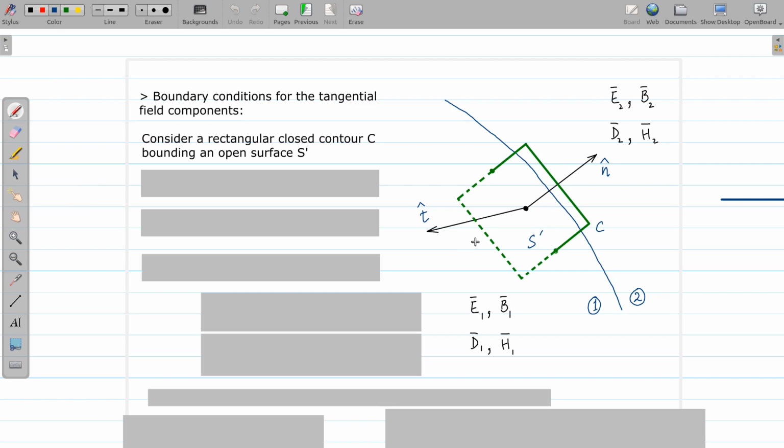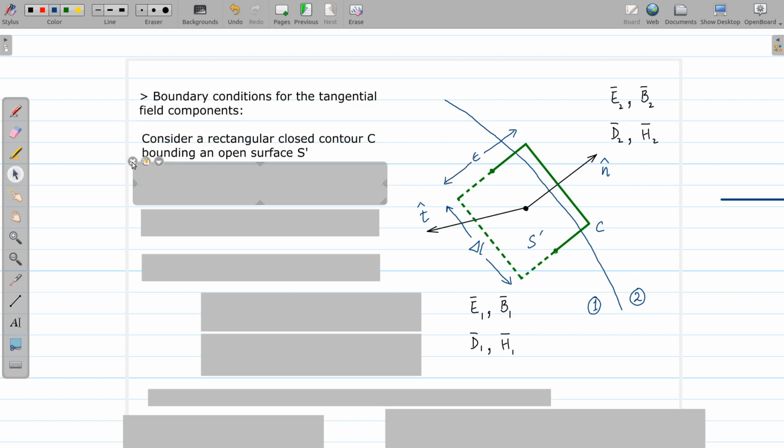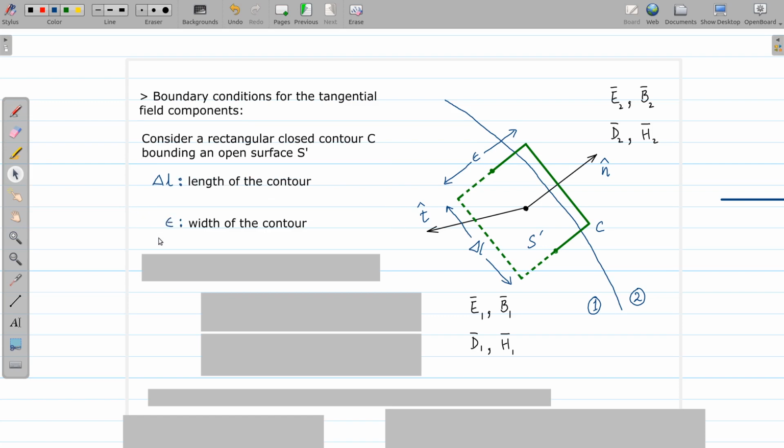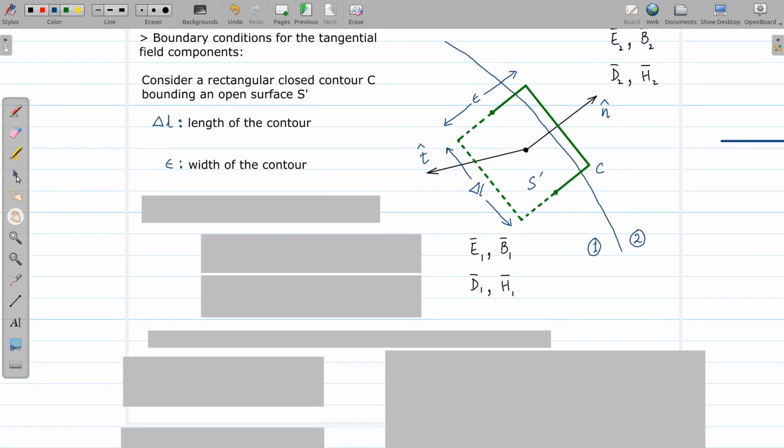We will have a delta L here, the length of this, and the width of this we call epsilon.